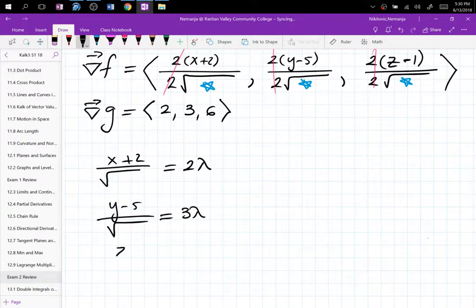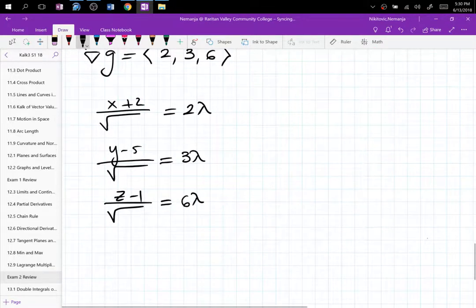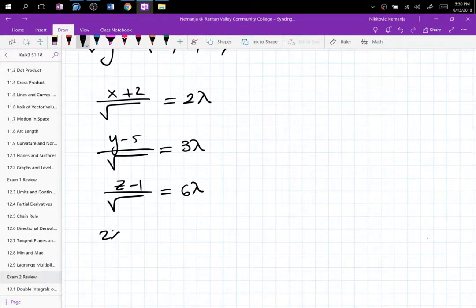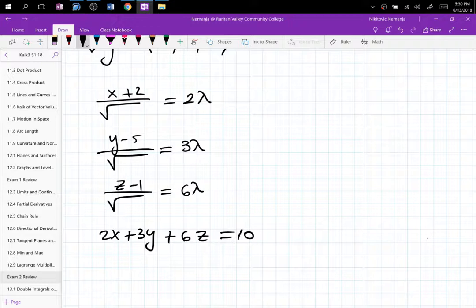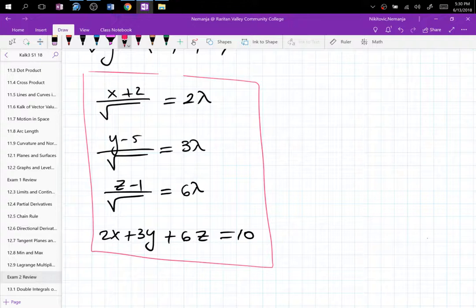And finally, z minus 1 divided by the square root is equal to 6 lambda. And I have 2x plus 3y plus 6z, you can put equal to 10. Good. So now what we got is the system of equations that we want to solve.